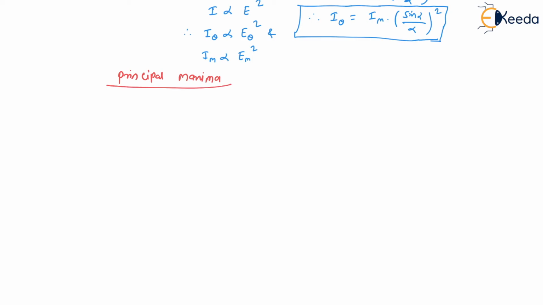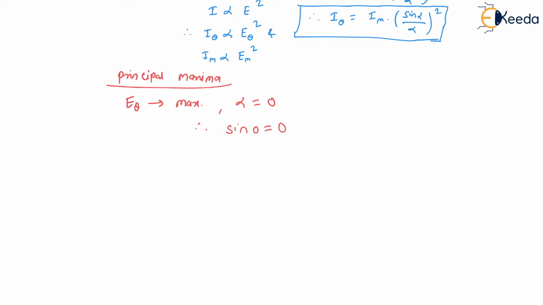See here, this resultant amplitude, that is E theta, will be maximum when the phase difference, or we can say alpha, is 0. When the value of alpha is 0, sine 0 by 0 gives the maximum.